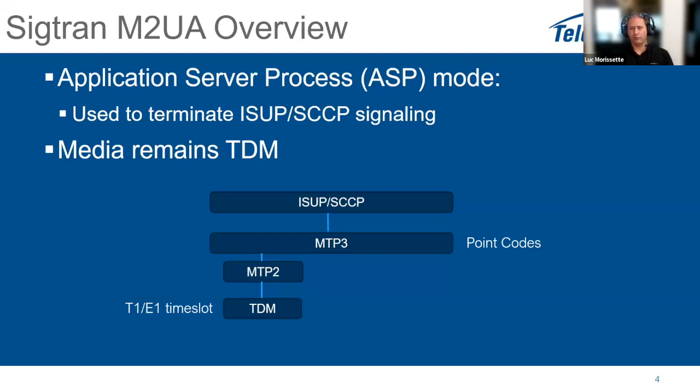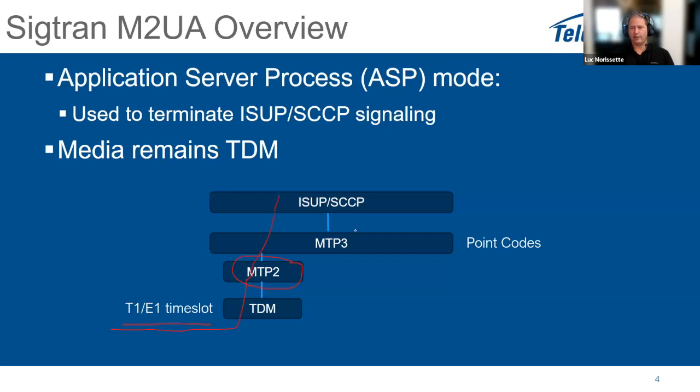The first mode of M2UA is the ASP mode, the application server process. That is used to terminate the ISUP and SCCP signaling. What was done traditionally is that you had T1 E1s and time slots coming in. These time slots carry MTP2 traffic. So you get those T1 E1 time slots into the system.